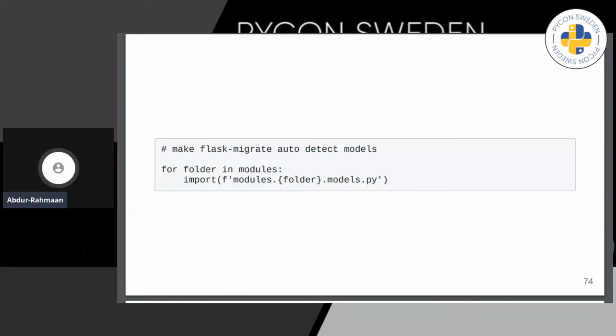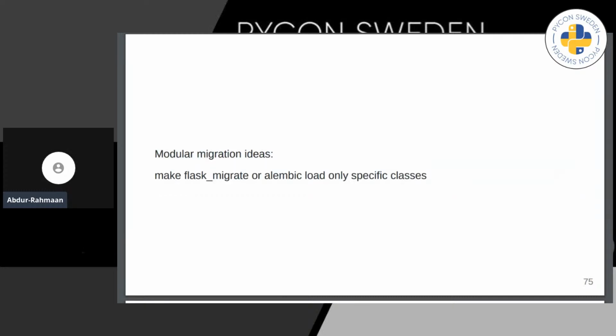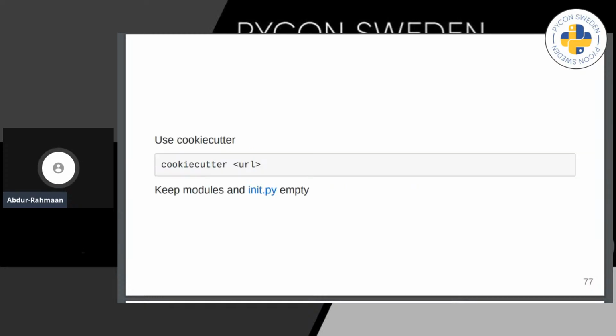Using a module structure ensures that your models will always be in models.py in that module, so you always know where to find them. And if you want modular migrations, you'll have to make Flask Alembic load only the models in that module's models.py.